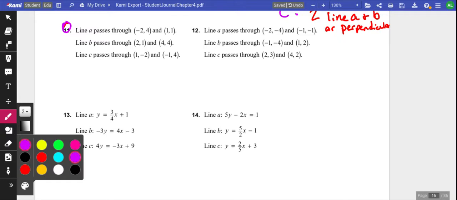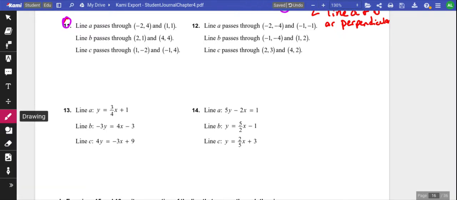We're just looking, are they perpendicular instead of are they parallel? Okay, so we're going to have to find our little slope formula, that y2 minus y1, everyone's favorite, over x2 minus x1. We're going to have to do that for line A, line B, and line C.